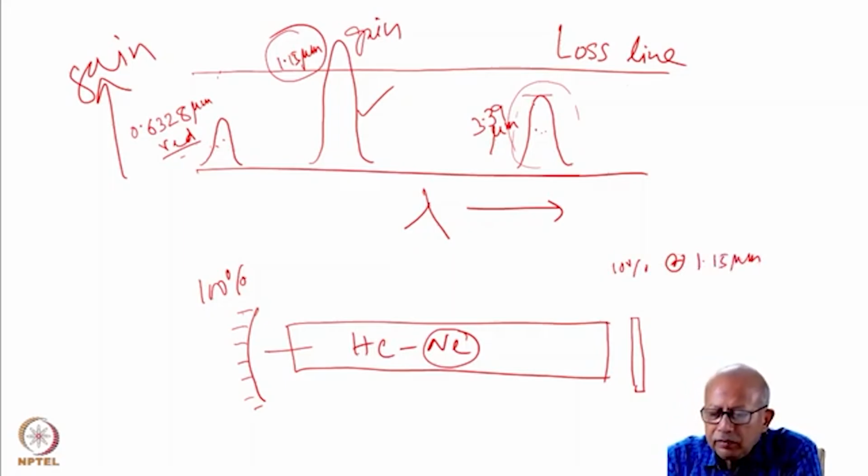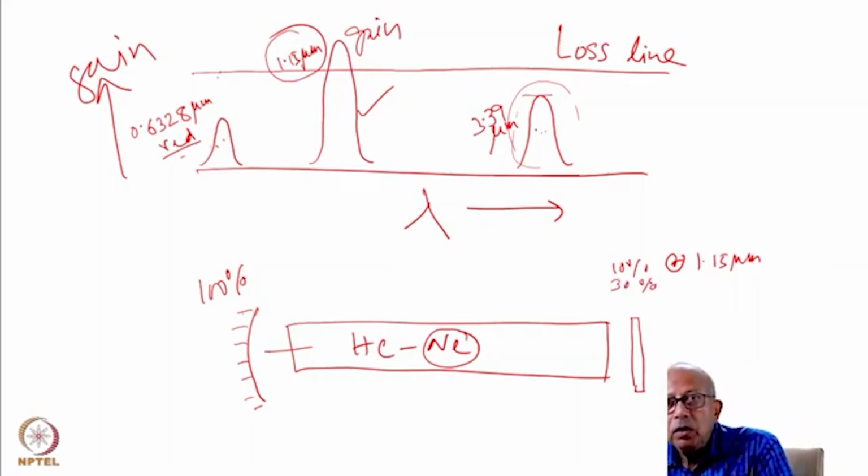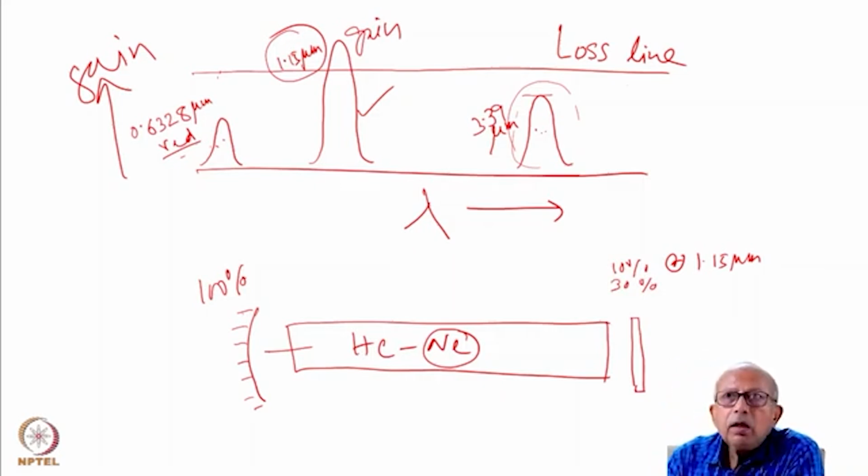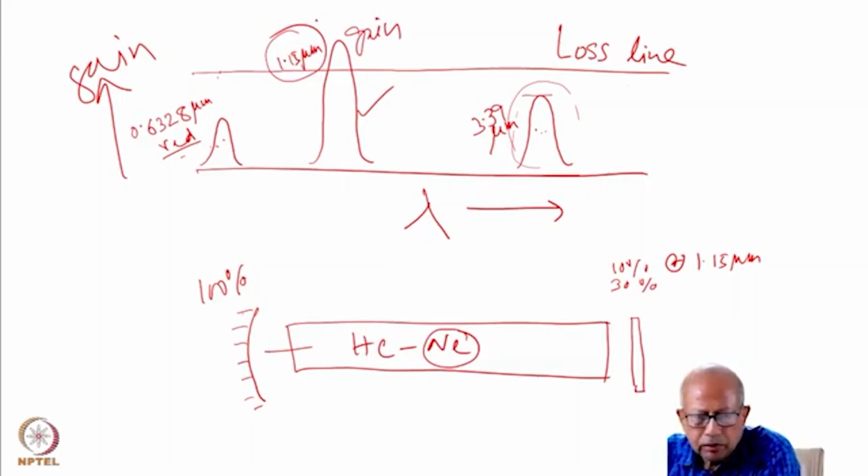And this line, 3.39 micron, suppose it has a higher value. These are very qualitative values. I'm using them only to explain how you can make the laser lase on other transitions which have lower gain compared to the high gain infrared radiation.